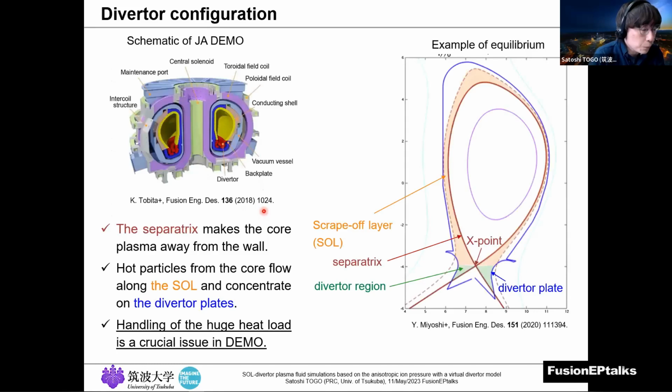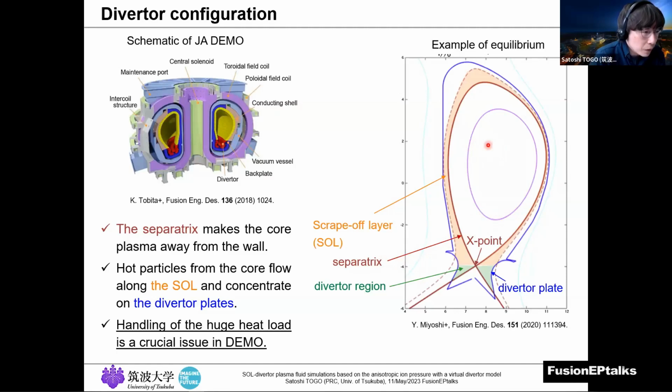As many of you may already know, most tokamak devices adopt the divertor configuration. And it is true for the JA demo reactor, which has been designed in Japan. The right figure shows an example of equilibrium of JA demo. The separatrix magnetic surface is created in a divertor configuration, and it makes the core plasma away from the wall.